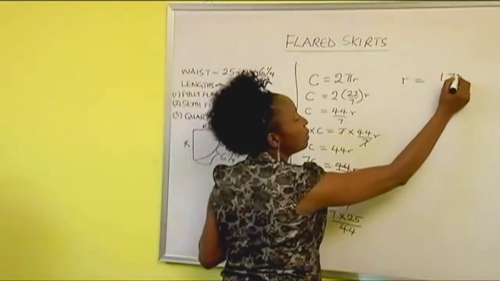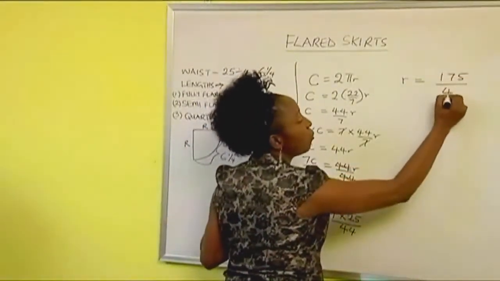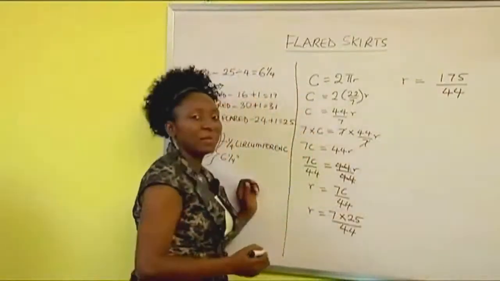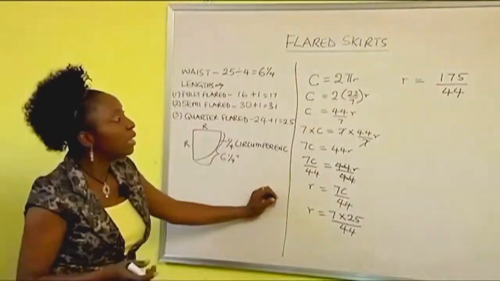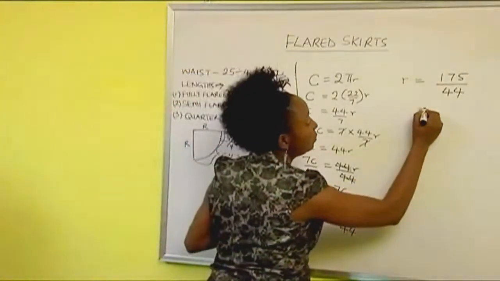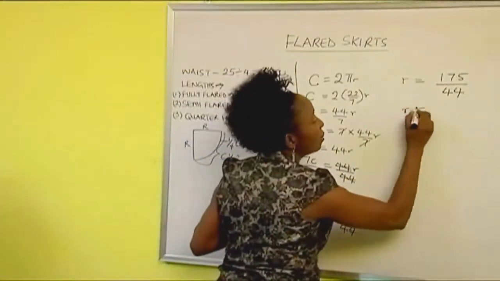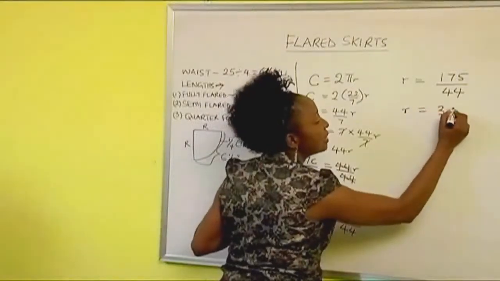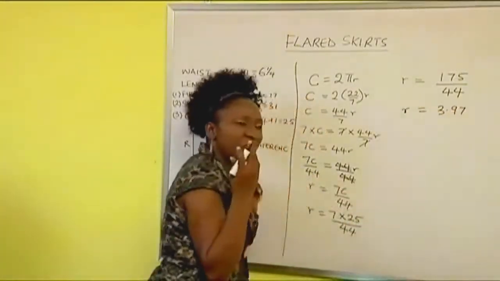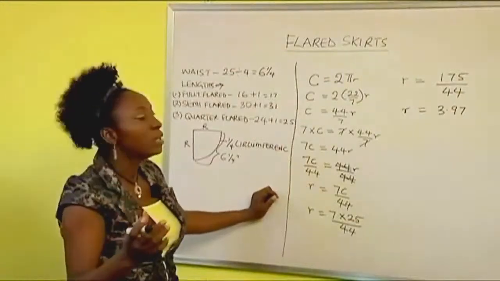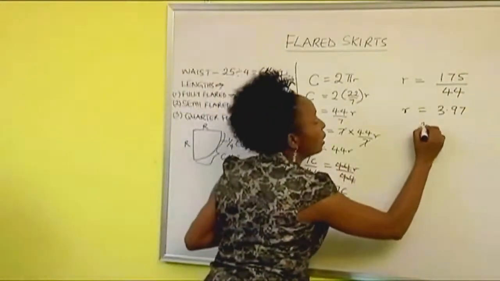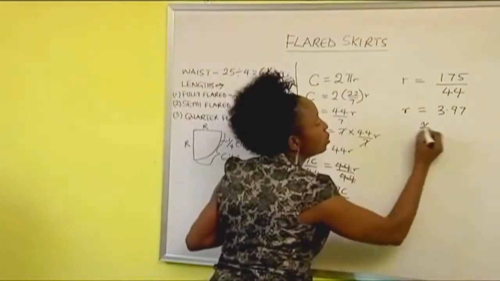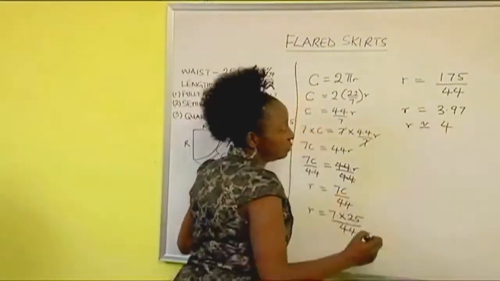You get 175 divided by 44. Now just take a minute and try to calculate that with your calculator or your phone. And r will give us 3.97. You can see it's very, very close to 4. So I'm going to approximate it to 4 inches.